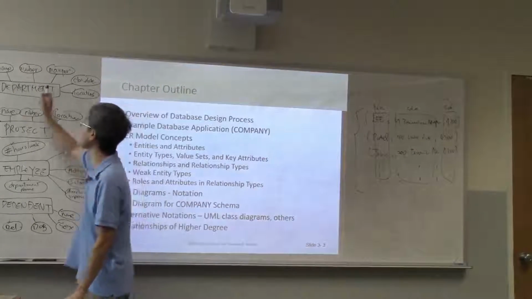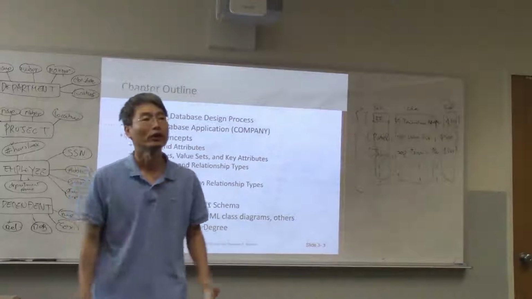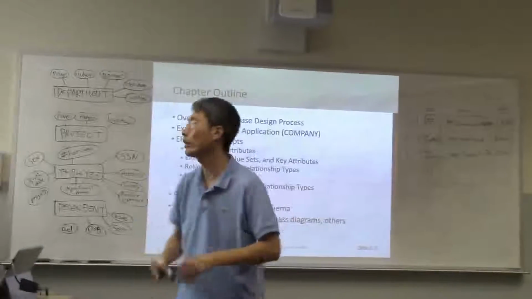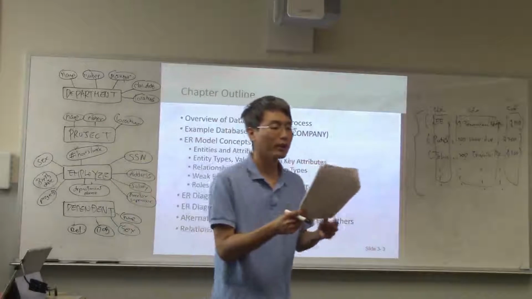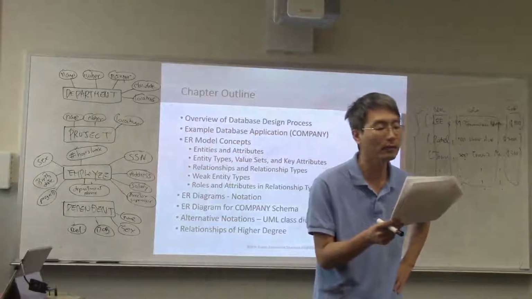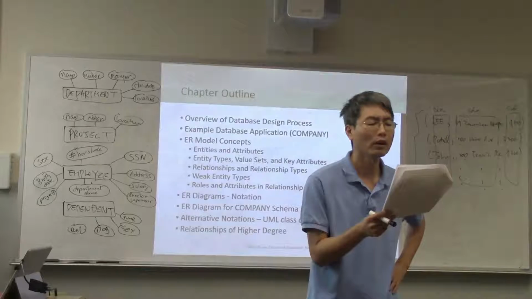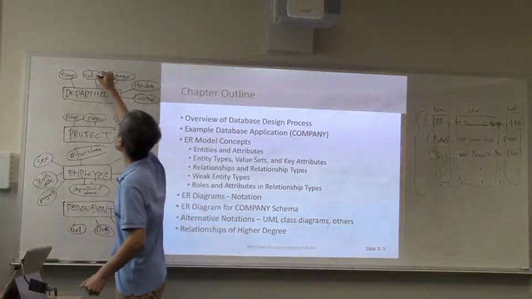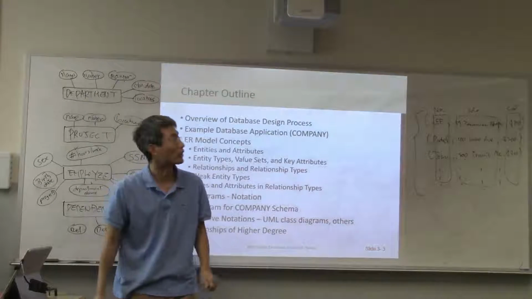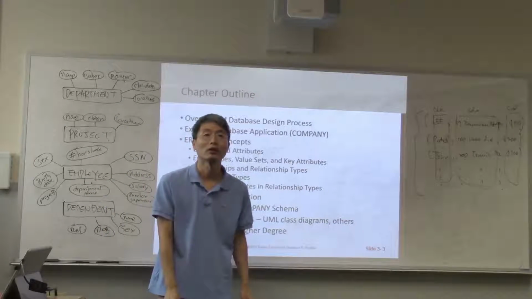Sometimes when you see the attributes of this one, why don't you take a look at the department? Each department has a name, number, and employee who manages. Sometimes I can use the number to identify the specific department.